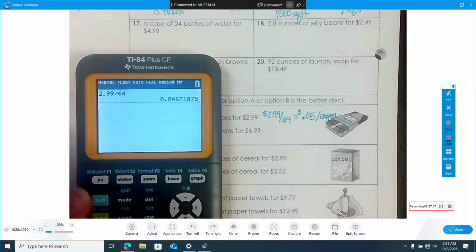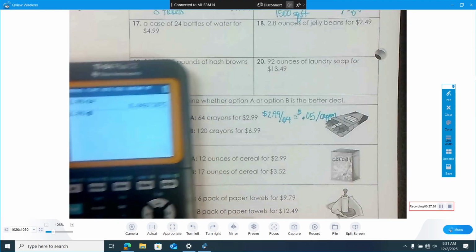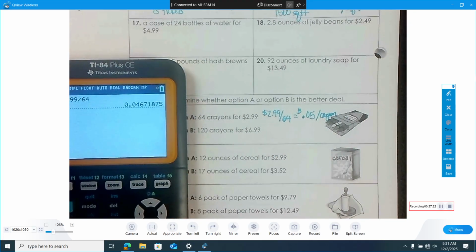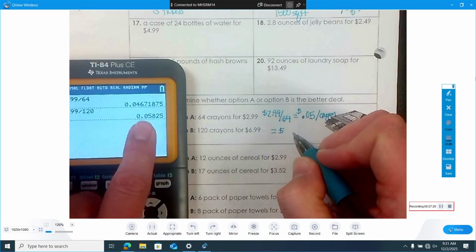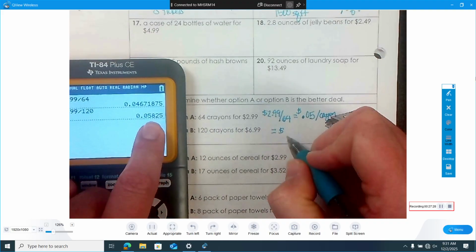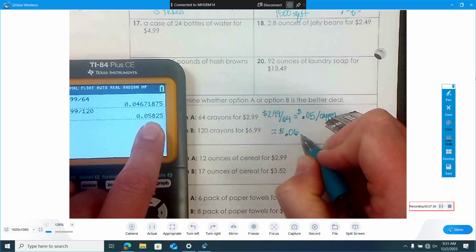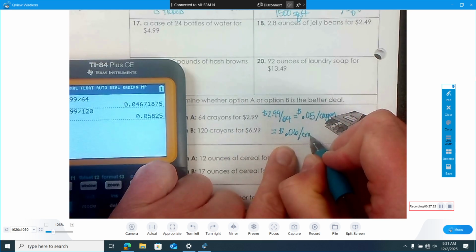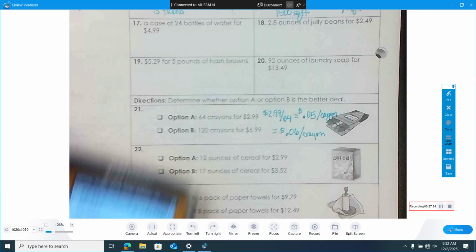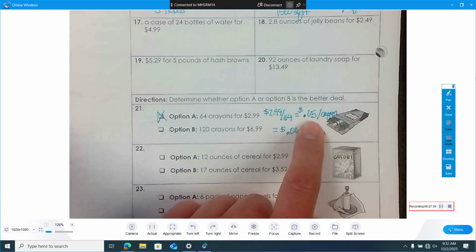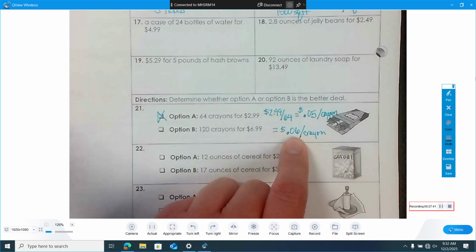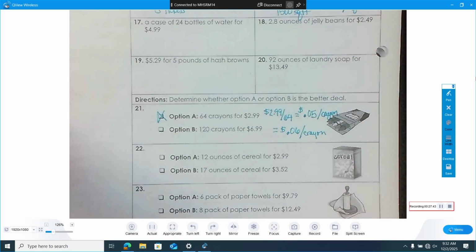And then $6.99 divided by 120 crayons turns out to be 0.5, but the 8 tells us to round up. So 0.06 cents per crayon. Which one's the better bargain? Option A, because it costs less money. It's only 5 cents a crayon. This one's 6 cents a crayon. So that's a better bargain.